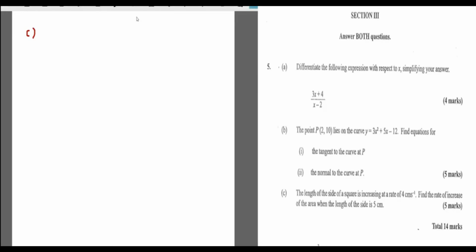I will define it as L. So let the length of the side of the square be L. It tells us that the length is increasing at a rate of 4 centimeters per second, and increasing is positive.